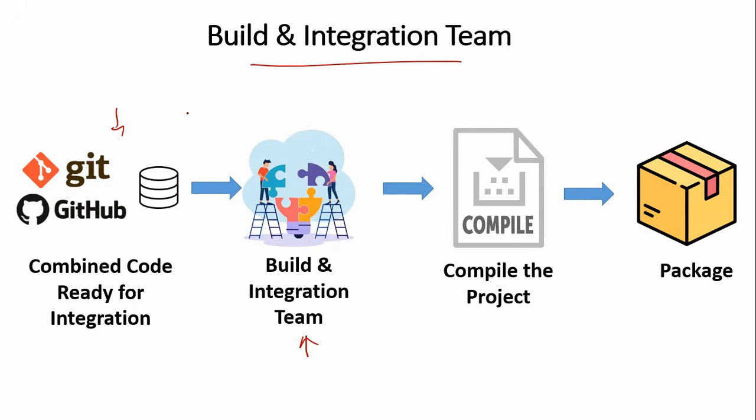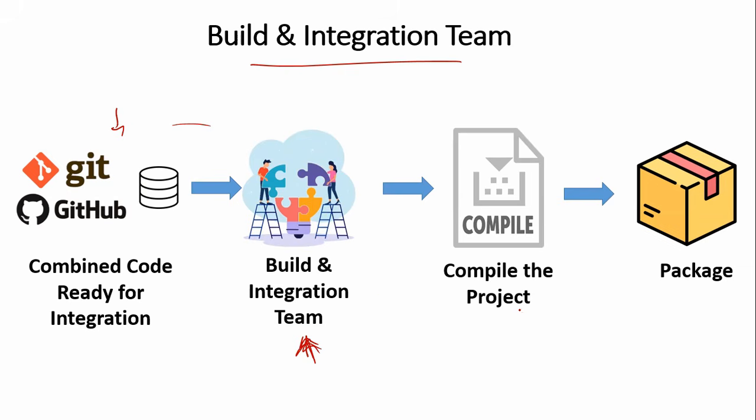So you cannot have a common person. In that scenario, with 5 teams, there should be some build and integration team where they will have an environment. So this integration part will be done by this particular build team.